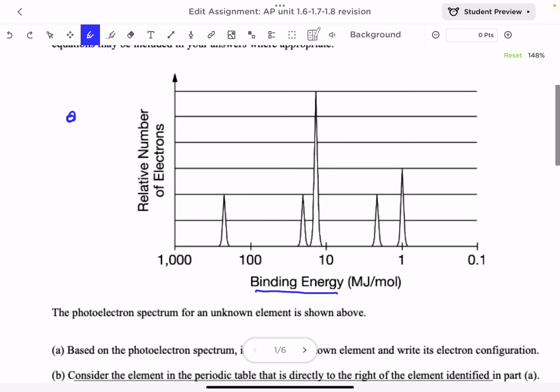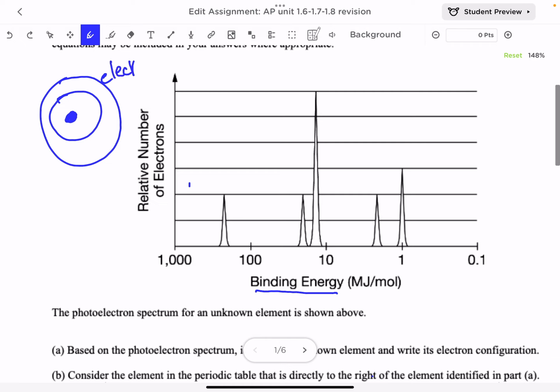If I look at an atom, it has the nucleus in the middle with protons, and around it there is the electron cloud with the electrons. Every electron is attached to its own orbital and energy level, and we need a certain energy called binding energy in order to remove that electron.